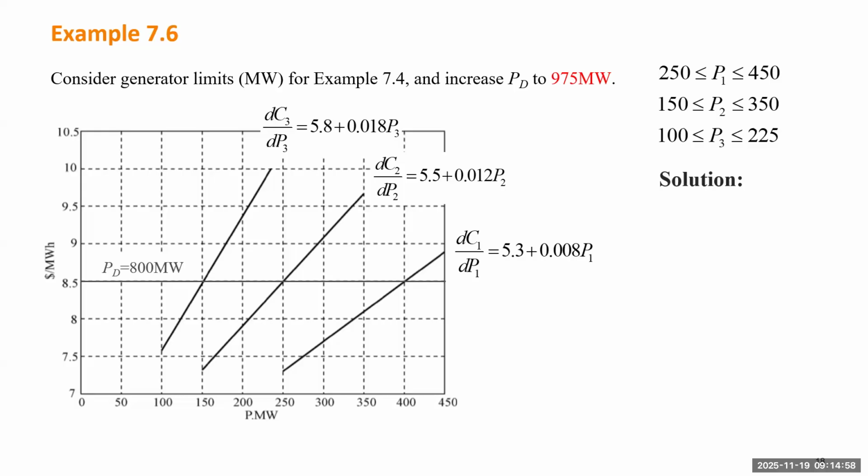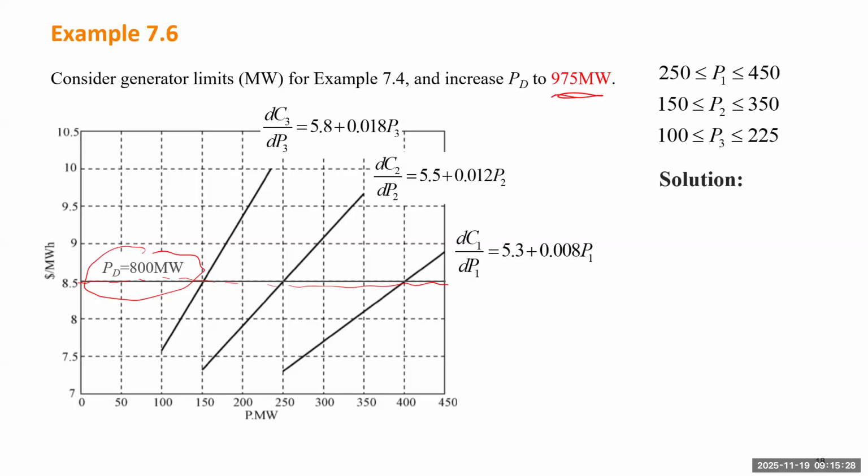You start from any initial guess about the incremental cost. For instance, this is the equal incremental cost when the total load is 800 megawatt. But when we increase the load to 975, we just need to move up this line, because all the 3 intersection points will move to the right since all the slopes are positive.